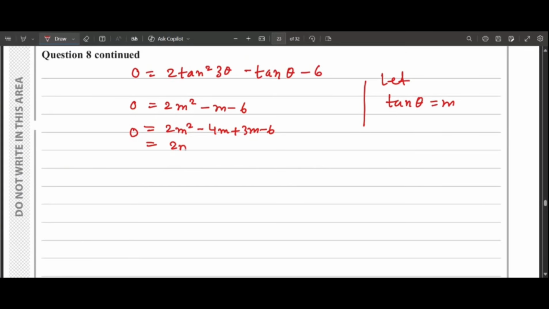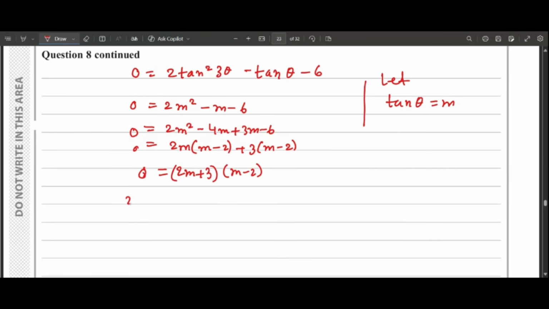So 2m is common between the first two terms, so m minus 2 would be within the brackets, and then 3 would be common between the last two terms, and m minus 2 would be in the brackets. So (2m plus 3) and (m minus 2) are the factors for this expression.